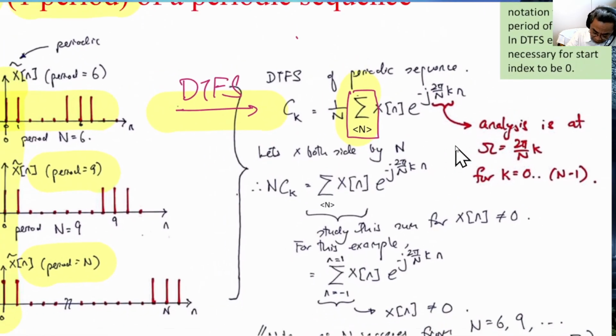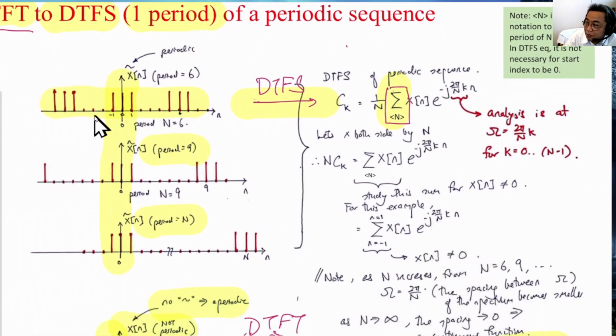So in this particular example, it is better for us to take from, let's say, -3 to 3, or -3 to 2, for one 6 sample period. And of course, when we extend to 9, it goes from -5 to 4 or whichever, but the only non-zero samples are still the same.